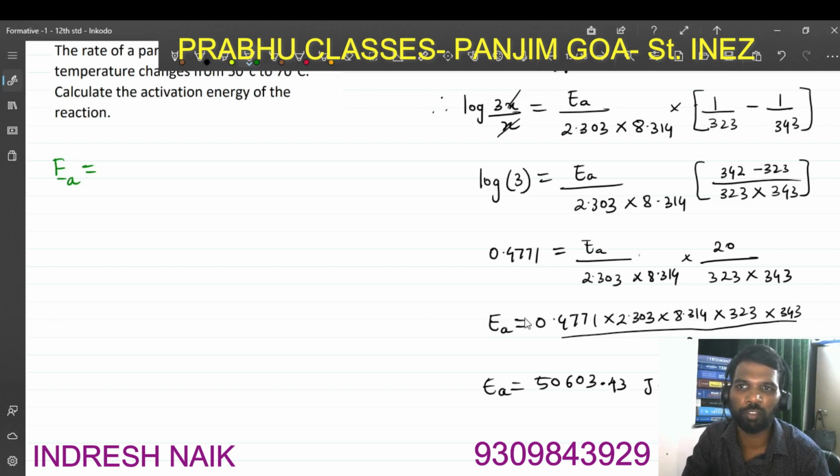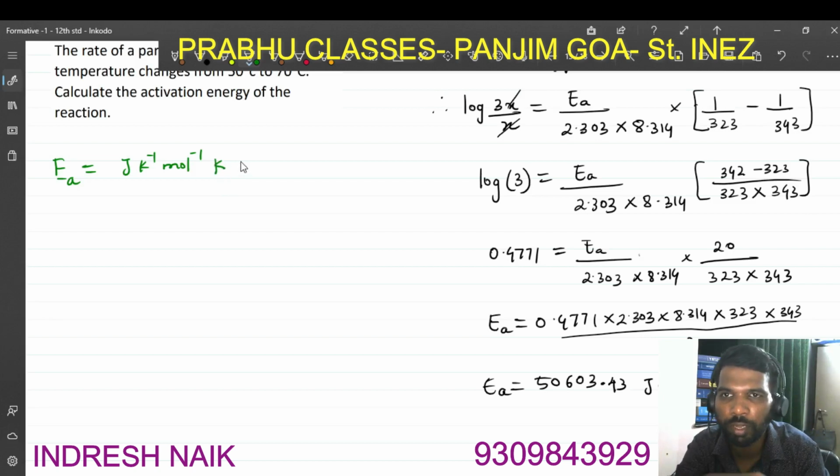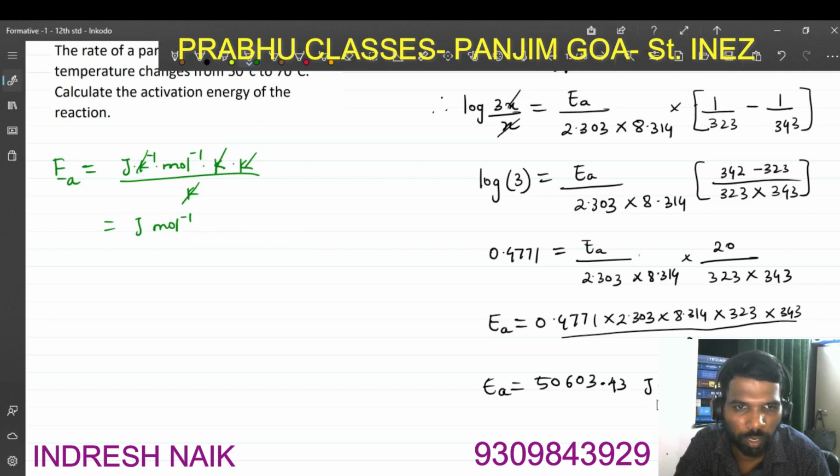It is just a value, so no unit, right? 2.303, no unit. 8.314 is joules per Kelvin per mole. Here two temperatures are there, Kelvin and Kelvin. Everything is multiplied, and this is also Kelvin. So per Kelvin and Kelvin will get cancelled. What remains is joules per mole. So the unit is joules per mole.